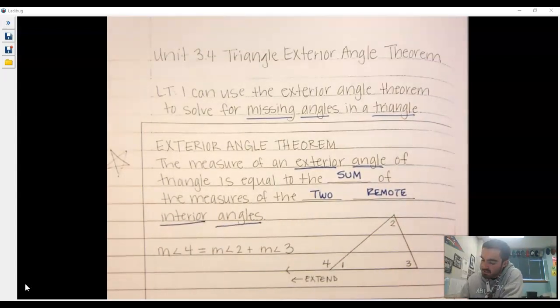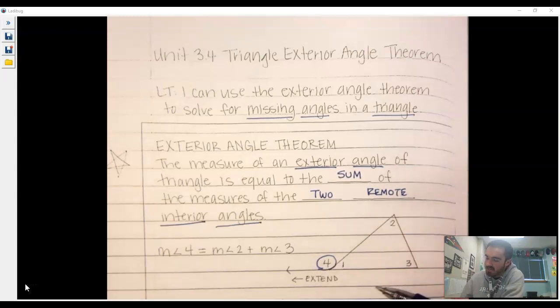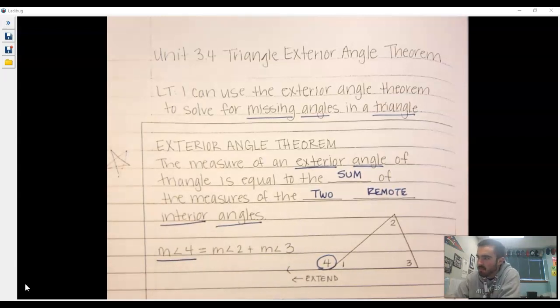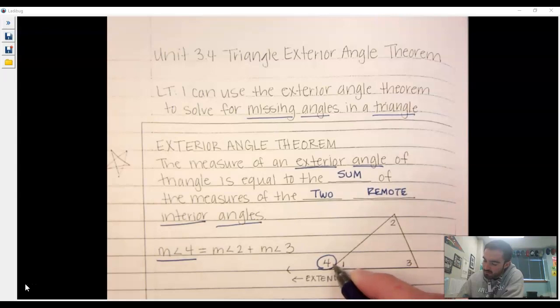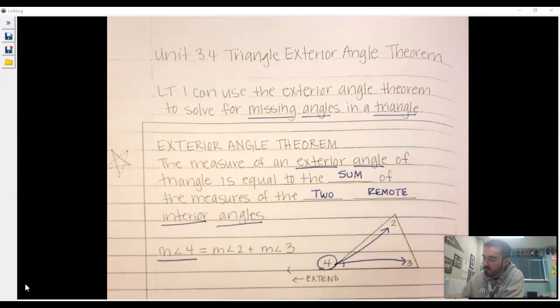Okay? The exterior angle, angle 4, if you have this triangle, angle 4 is on the outside. It's an exterior angle. That angle is equal to the sum of the two remote angles, which means the two that are far away from angle 4.